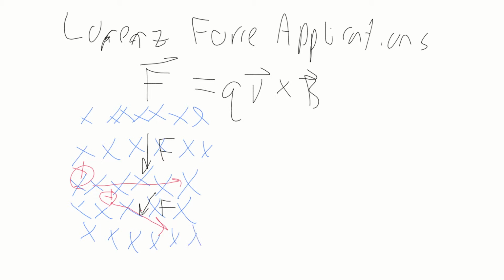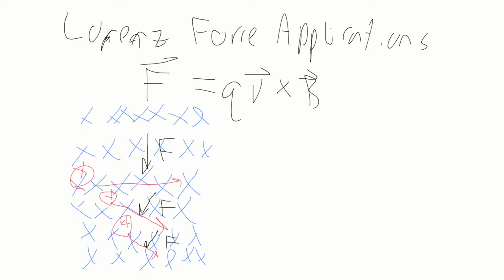So what's going to happen is my path, if my field continues to be down here, the next one is going to be like that. But my velocity is going to be a little bit closer to that. Then the direction of my force is going to be a little closer to that.